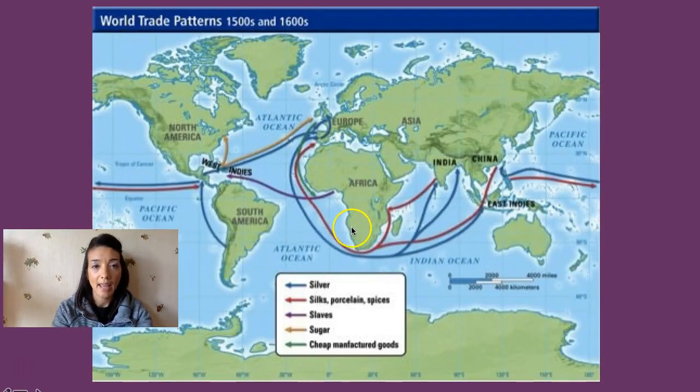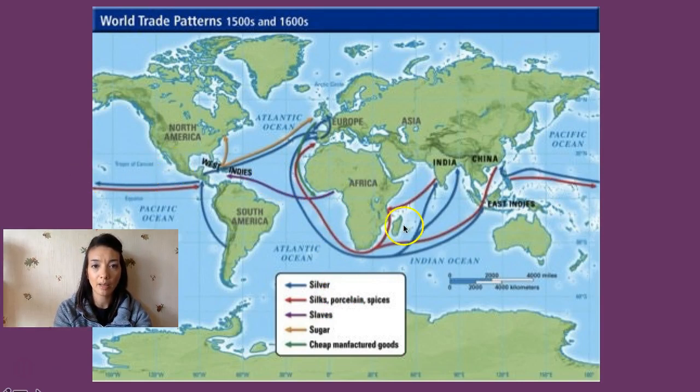Okay, and our last map that we were looking at shows you what was being traded. So the previous map are people and countries. And if you look, blue is silver, red is silk, porcelains, and spices. Those are all coming out of China. Slaves are in purple.